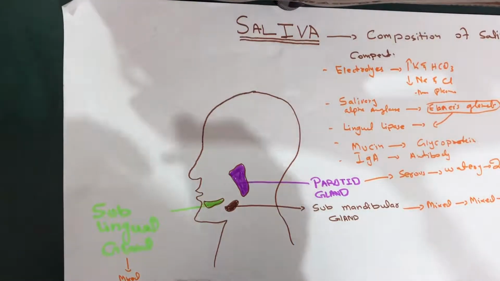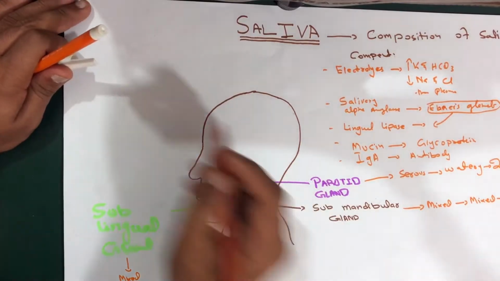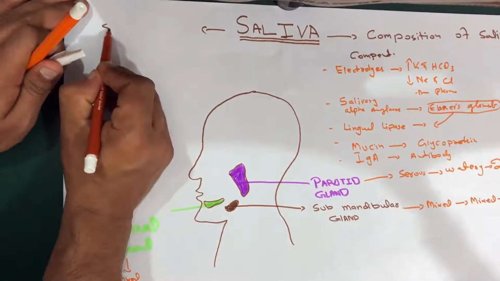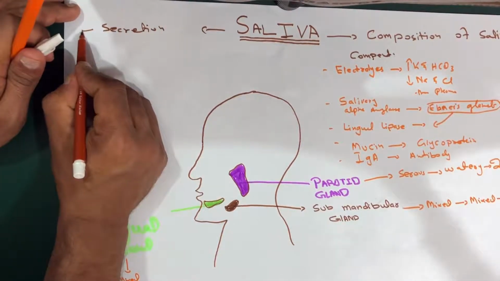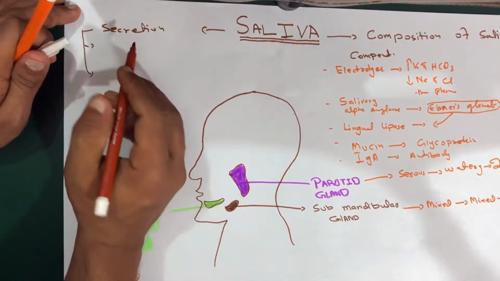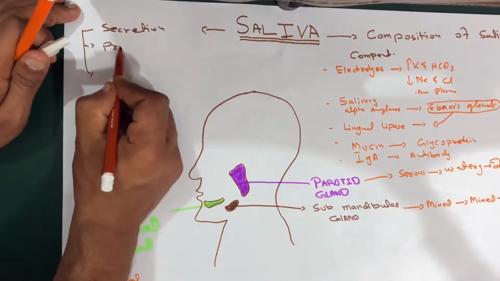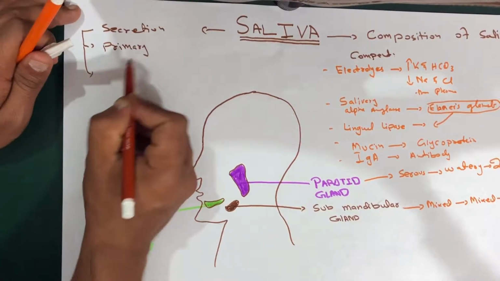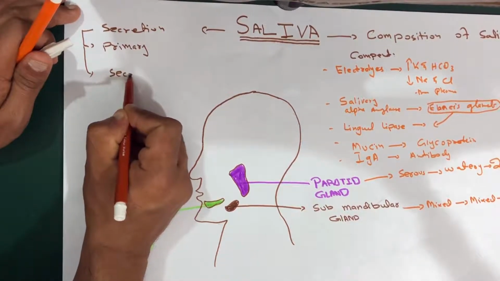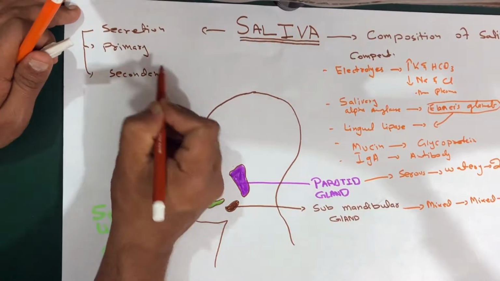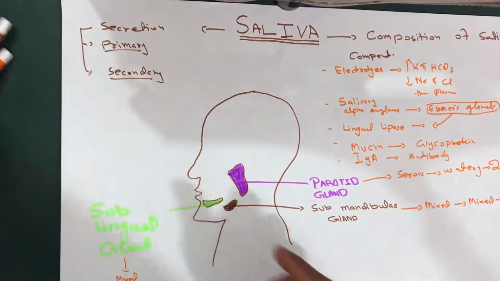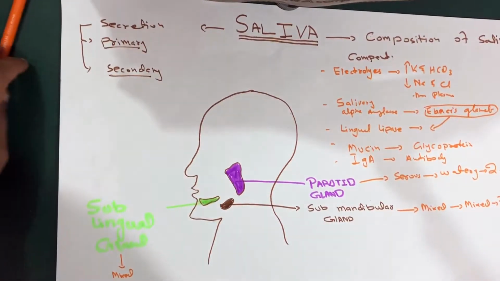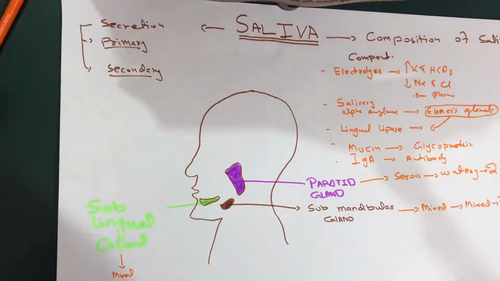Now let's talk about the secretion of saliva. When we are talking about the secretion of saliva, we have two types: the primary secretion and the secondary secretion. When we're talking about the primary secretion, all we mean is that it occurs in acini.